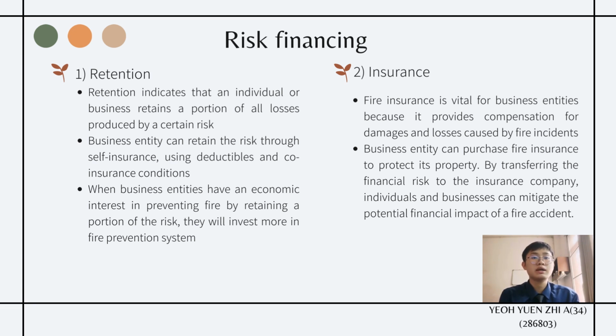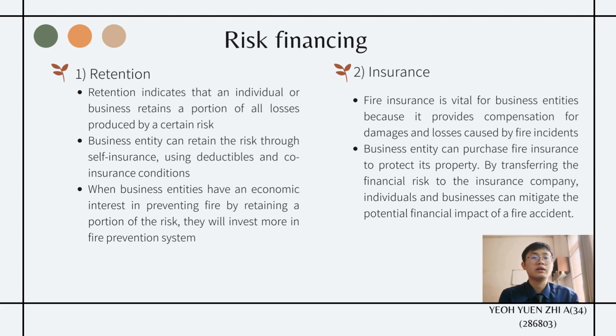Therefore, business entity can purchase fire insurance to protect the property. So, by transferring the financial risk to the insurance company, individual and business can mitigate the potential financial impact of a fire accident.